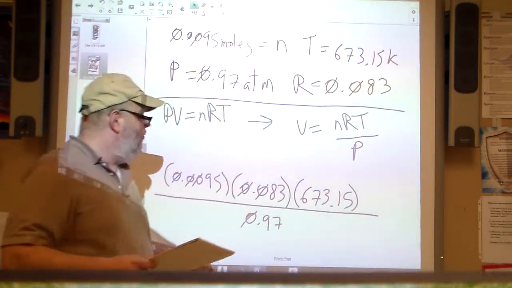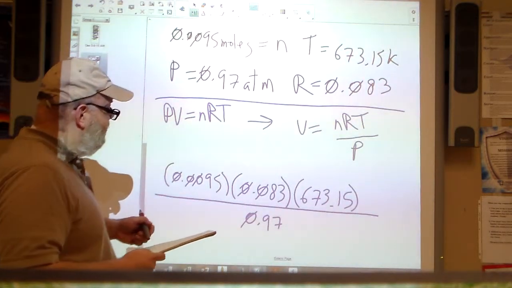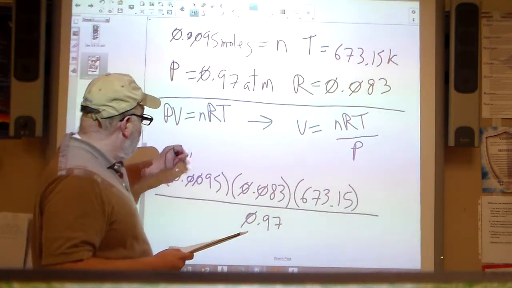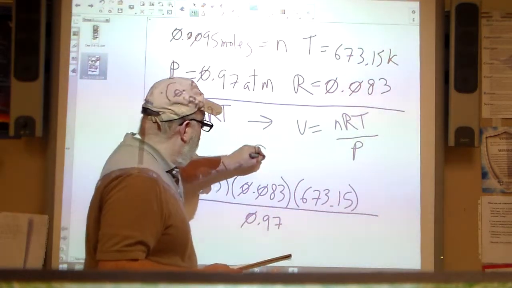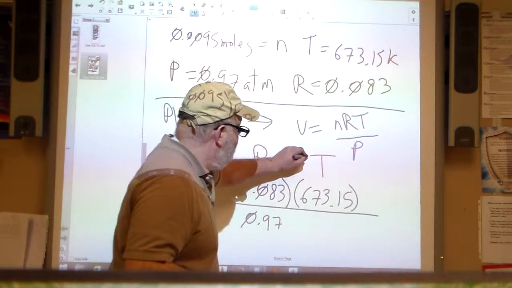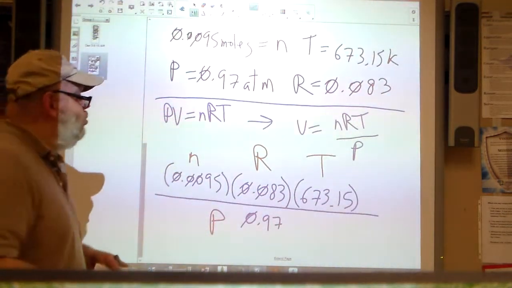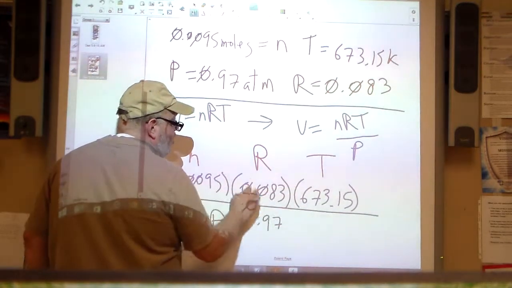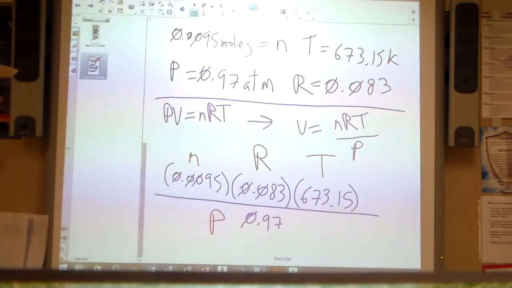This looks like a bunch of numbers fit in. Well, let's take a look at this. This is our n, this is our R, here is our T, and here is our P. So I showed you which numbers belong to what part of this equation.